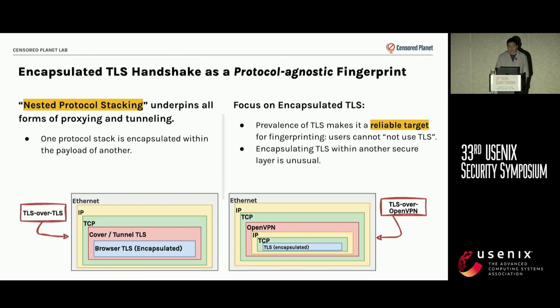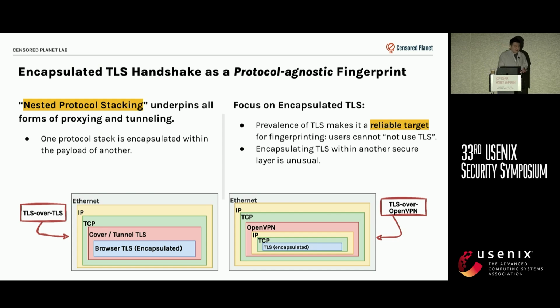We chose to focus on encapsulated TLS instead of other protocols because TLS is everywhere. Circumvention users cannot avoid this fingerprint simply by not using any TLS. Also, TLS is meant for end-to-end security. So when you see a TLS encapsulated within an already encrypted stream, like another TLS, that's unusual and suggests the outer encryption is not going all the way to the final destination, but is instead being removed earlier at the forwarding proxy server.